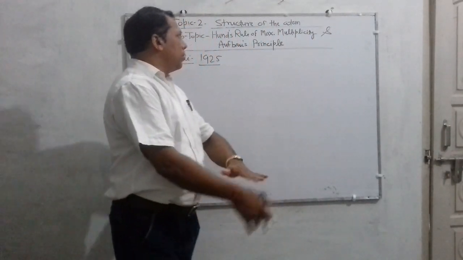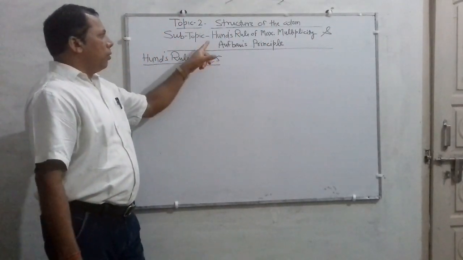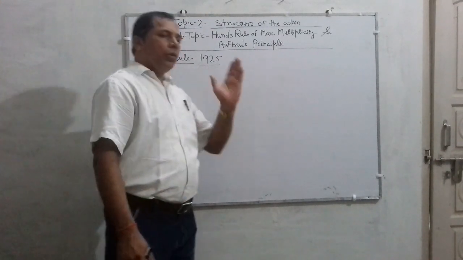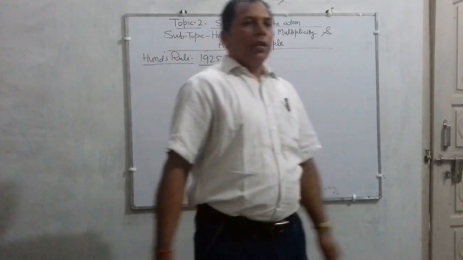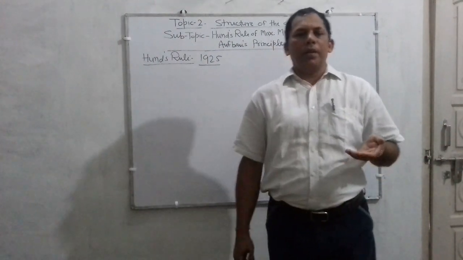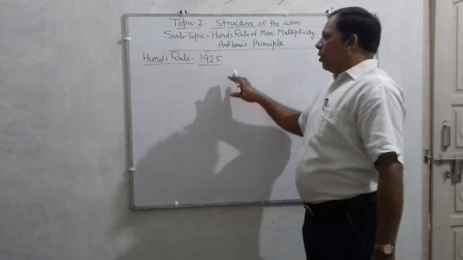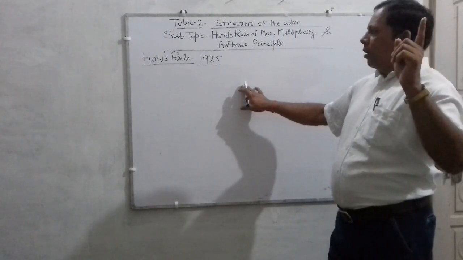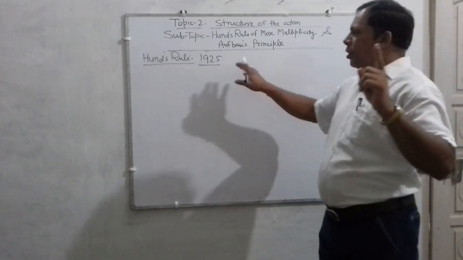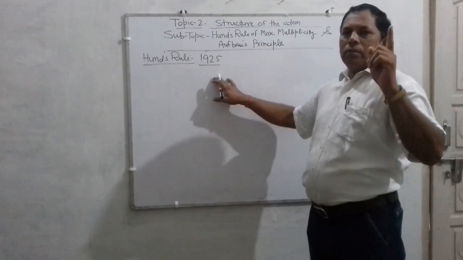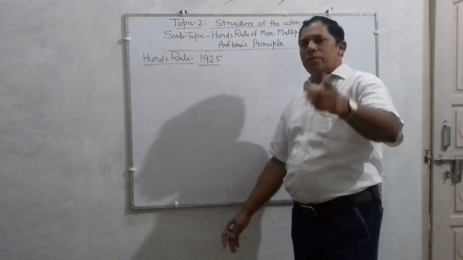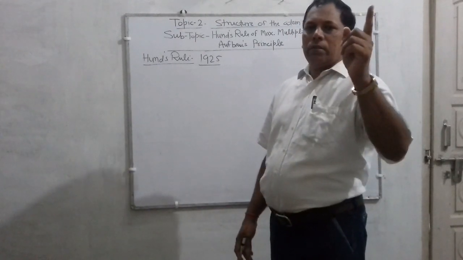What is the meaning of this point and what is the statement of Hund's rule? According to Hund, electron pairing in orbitals is not possible until each orbital of the atom contains one electron.